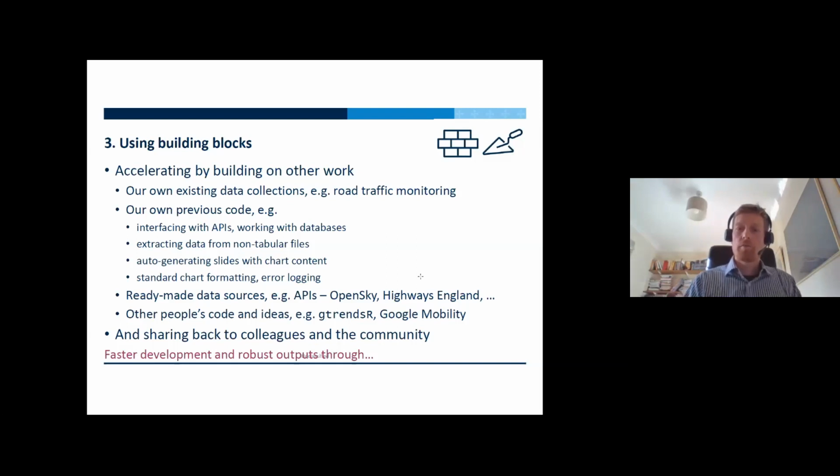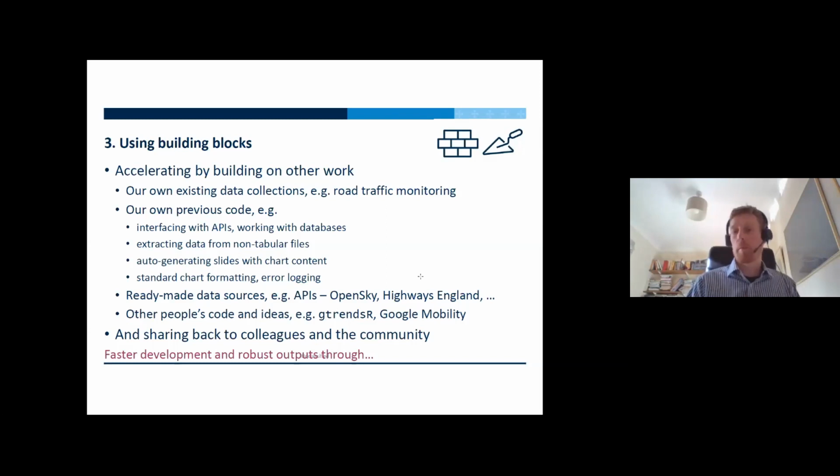On top of work that we've done in the past, we were very happy to use ready-made data sources where we could. So real high quality ones where you can put in search parameters and bring back exactly what you want, and combine those with more bulk lift and shift, grab whatever you can and then filter your own. And the fourth point of there, using other people's code and ideas.